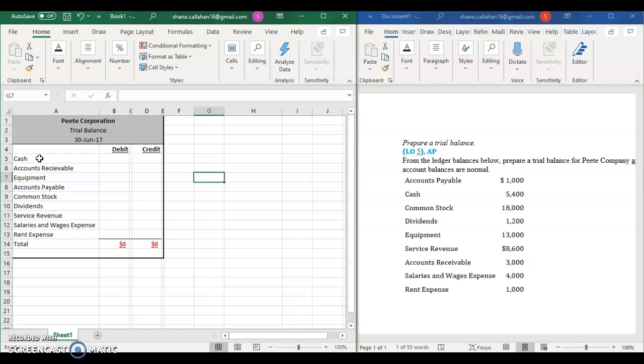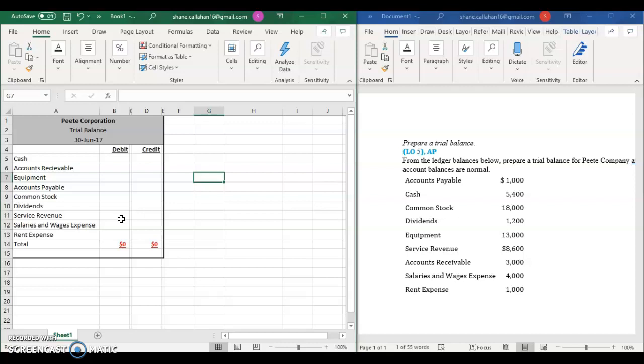The assets are put under debit, liabilities are under the credit side, stockholders' equity is put under the credit side, dividends are under the debit side, revenues are under the credit side, and then expenses are under the debit side. We want all those to match up at the end.